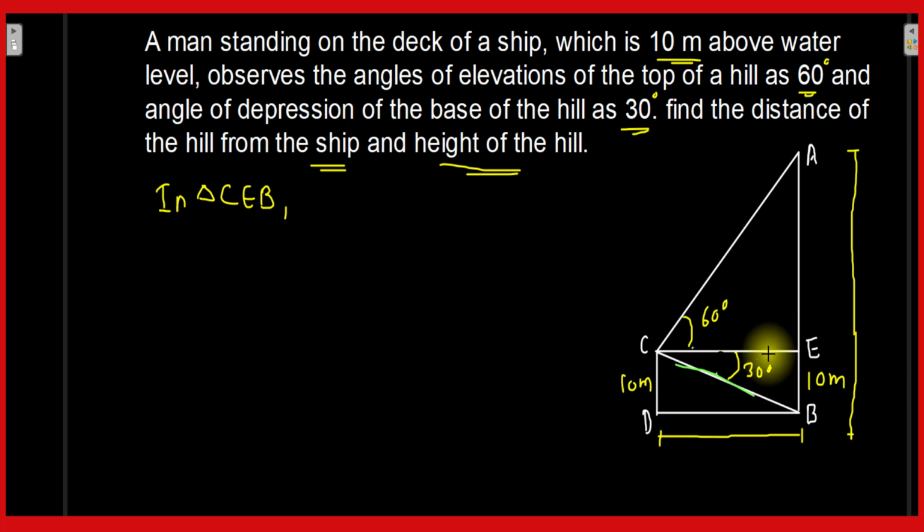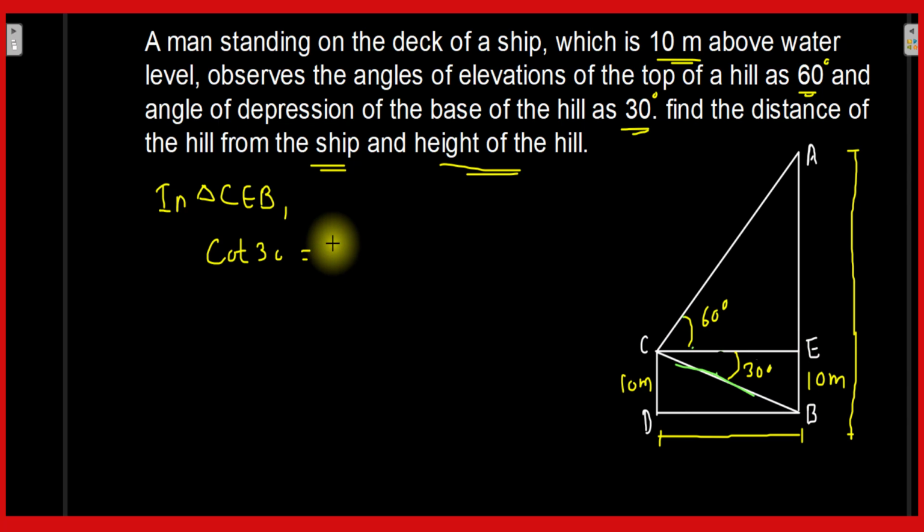And therefore in triangle CEB, cot 30 is equal to adjacent upon opposite. So adjacent upon opposite, that is CE upon BE.